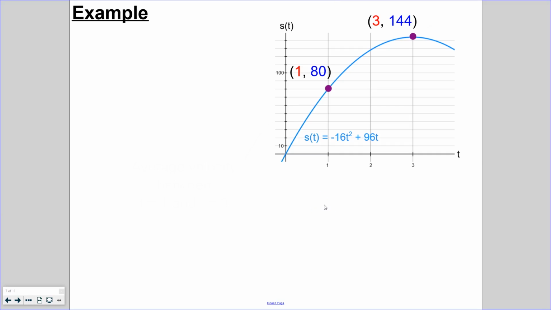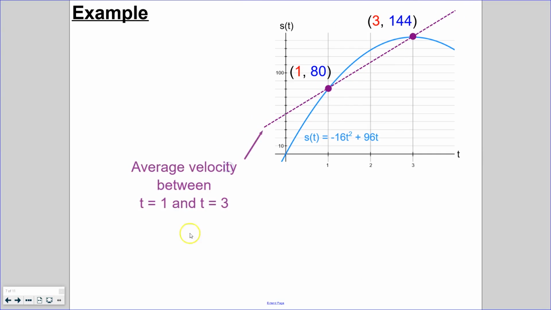Well, since we're looking for the average velocity, and average rate of change is over an interval, we actually ended up finding the slope of the linear line that intersects these 2 points. The linear line that intersects 1, 80 and 3, 144. And the slope of this particular linear line represents the average velocity between t equals 1 and t equals 3.